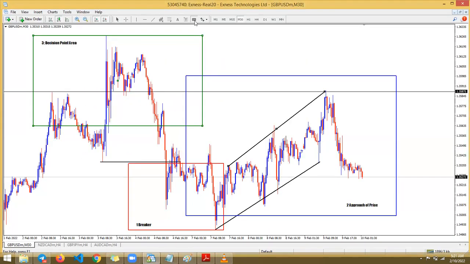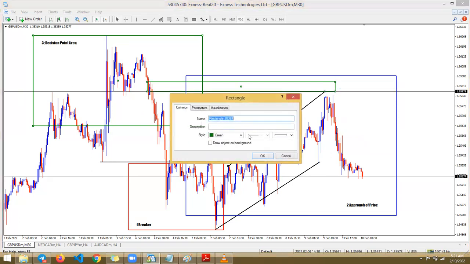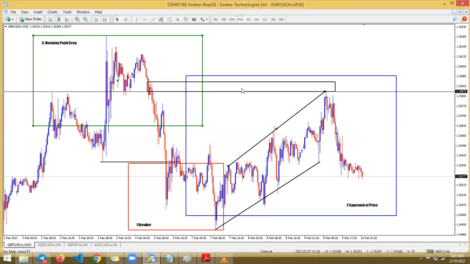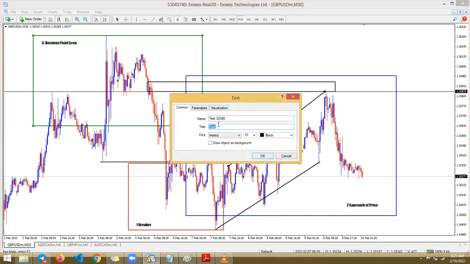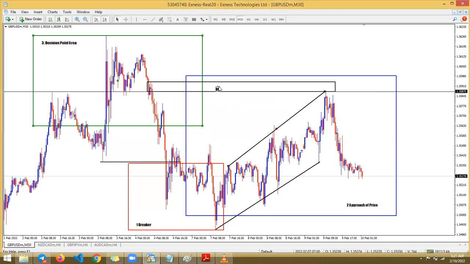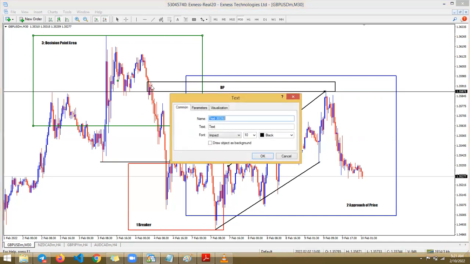And now notice how the QML coincides with a decision point, and notice how sniper the entry is. So now price basically triggered at a sniper zone. So we had a decision point right there. That is it basically. So I think we had a QML here. We had our QML right there.